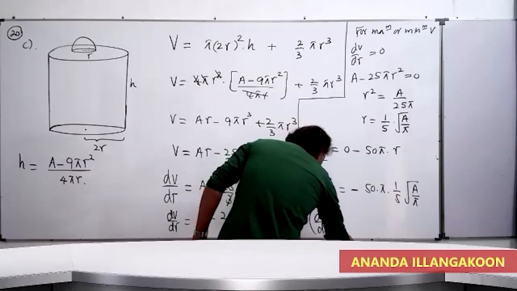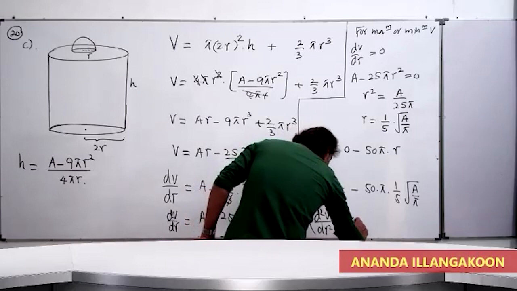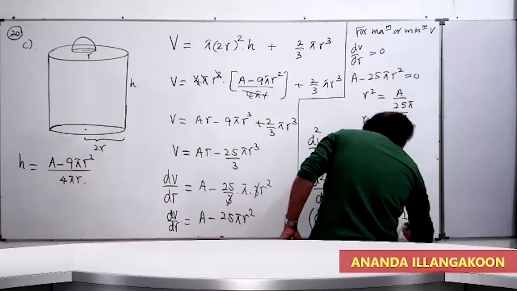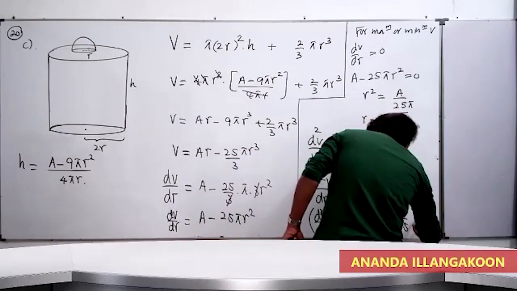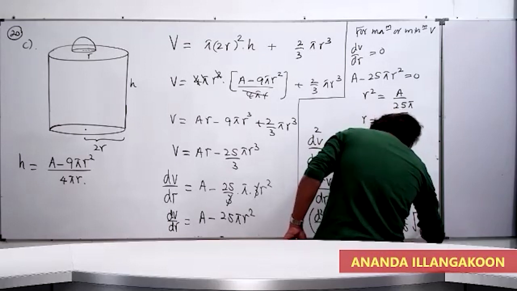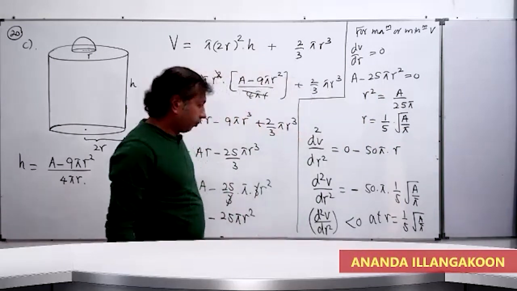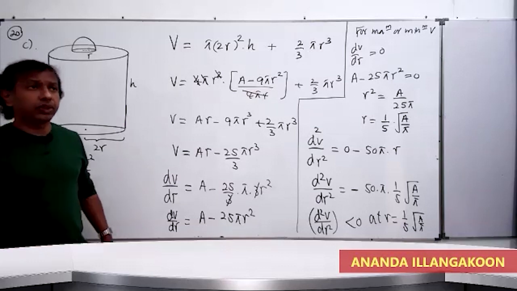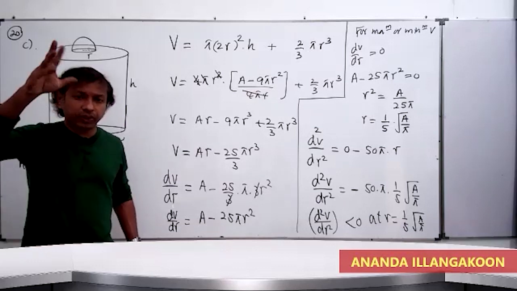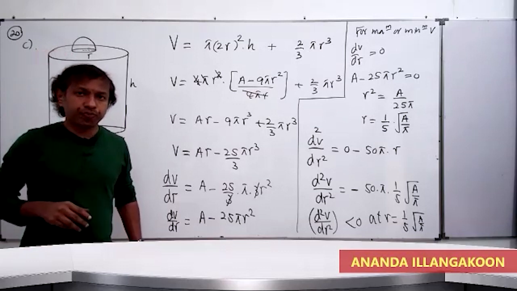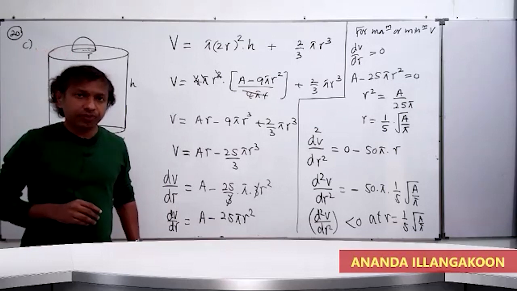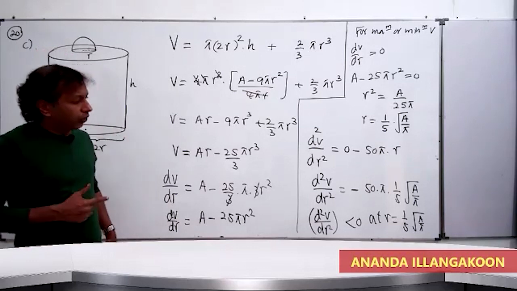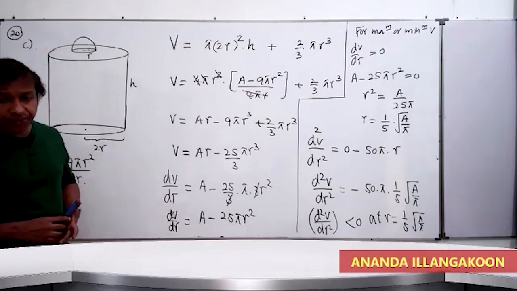Second derivative negative at r equals this answer. Second derivative negative means what, people? It is corresponding to what? Maximum, no? Second derivative negative means maximum. Second derivative positive means minimum. So therefore, volume is maximum when r equals this answer.